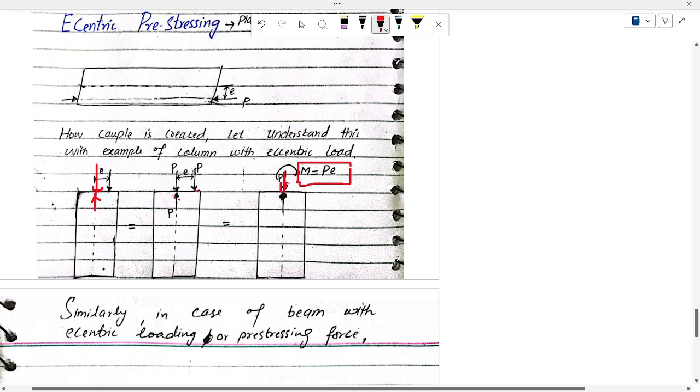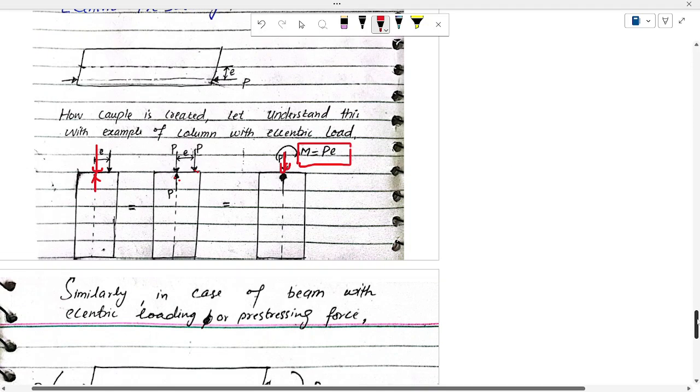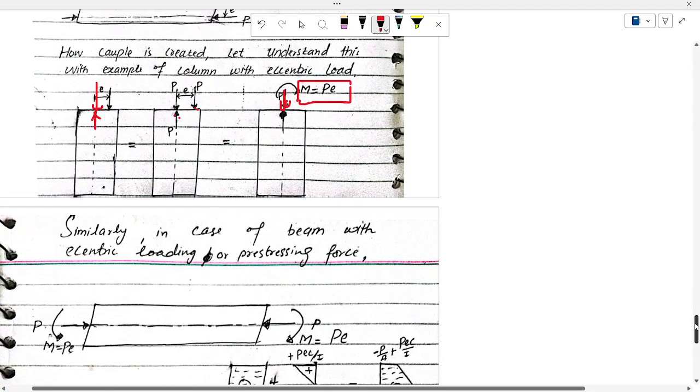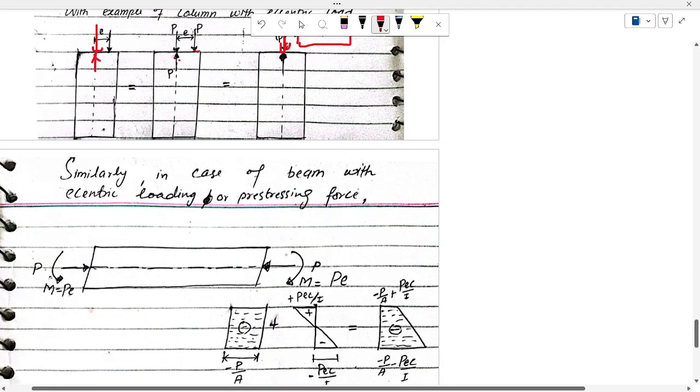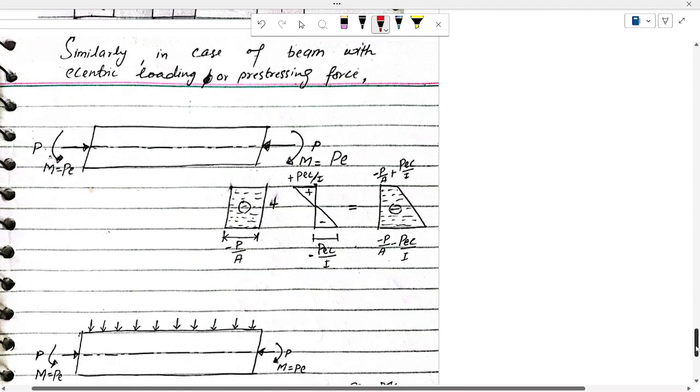Let me highlight it. Similarly, in the case of a beam with an eccentric loading or pre-stressing force, we will get a P on the neutral axis and a moment M equal to Pe.